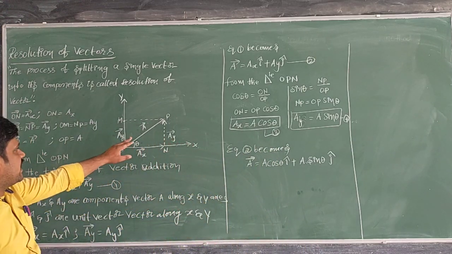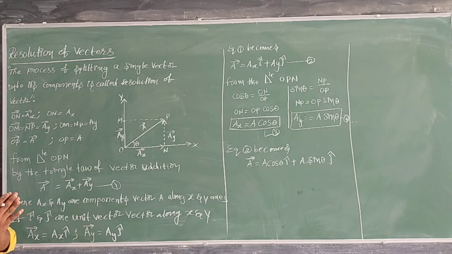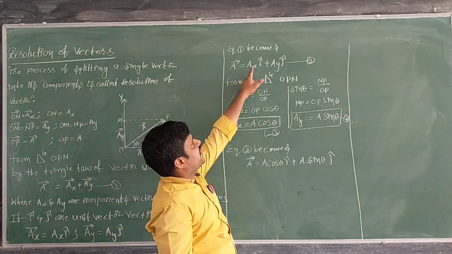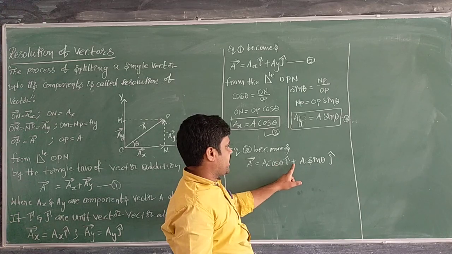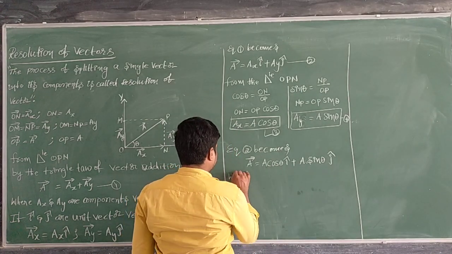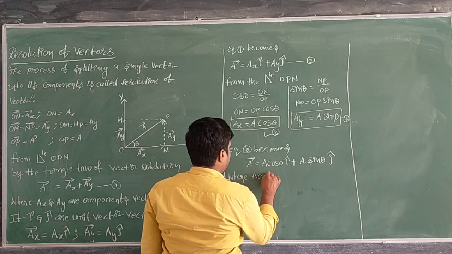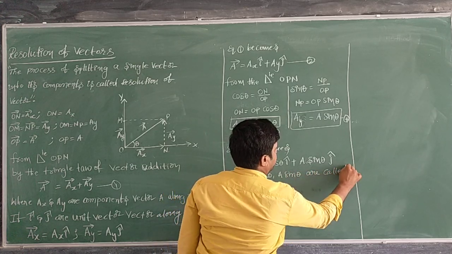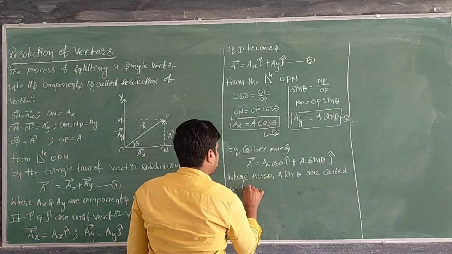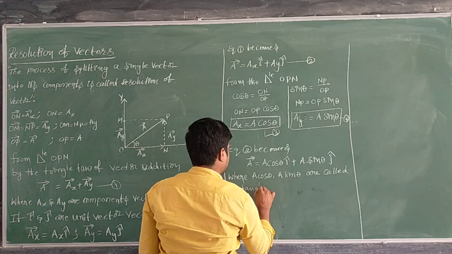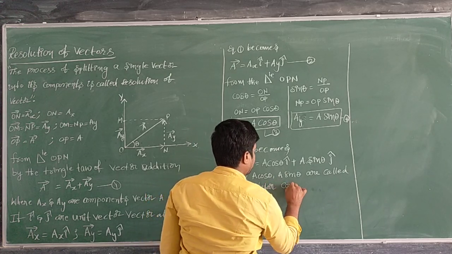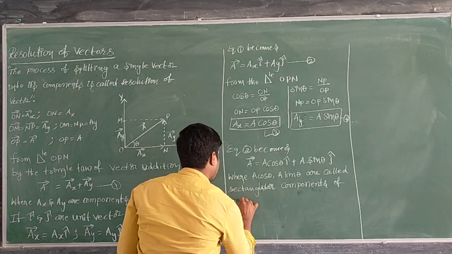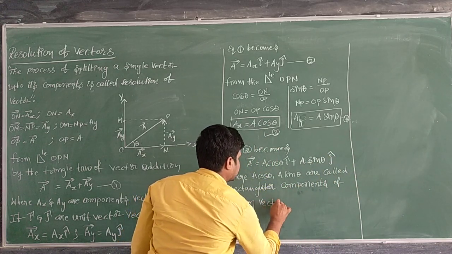So given vector A bar is lying in the xy plane, we can resolve this given vector as Ax bar plus Ay bar, otherwise Ax i cap plus Ay j cap, otherwise A cos theta i cap plus A sin theta j cap, where A cos theta, A sin theta are called rectangular components of the given vector.